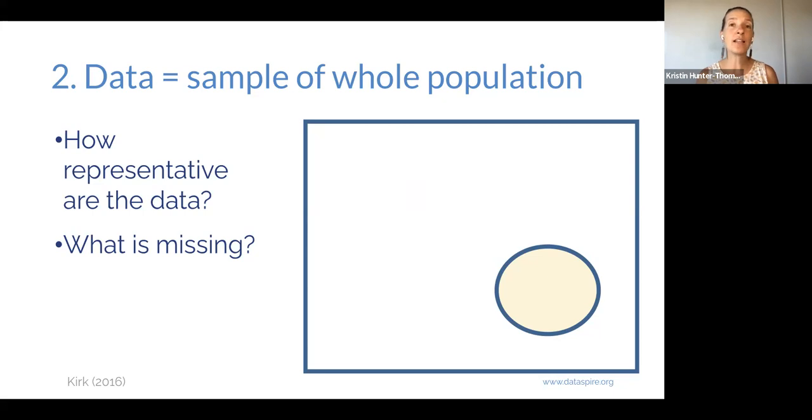So we have to ask ourselves, how representative are the data of the whole population? And here, population isn't like population of people, though that can be the case if you're actually asking questions about people, but it's just every instance in the whole world that could exist for that thing that you are trying to measure.